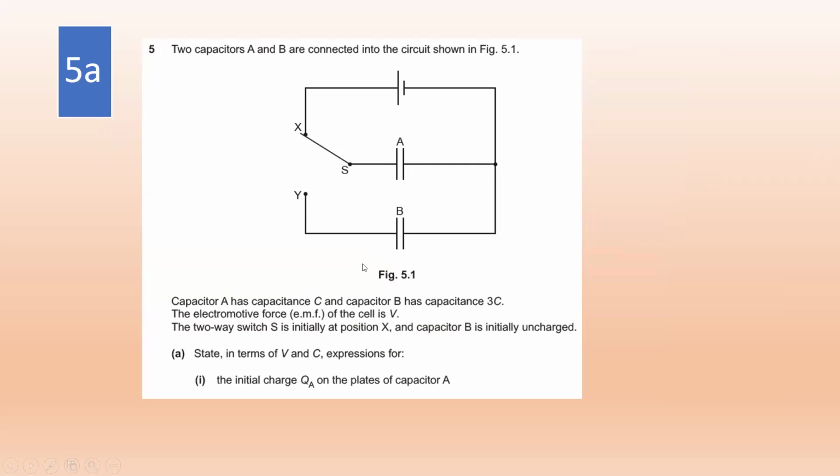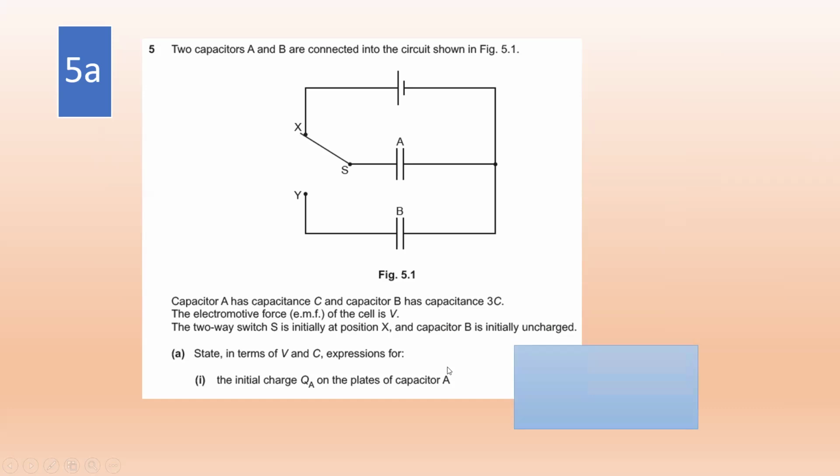The electromotive force is V. Two-way switch S is initially at X, and capacitor B is initially uncharged. We put the switch here, and this one is charged completely. State in terms of V and C the expression for the initial charge on the plate of capacitor A.